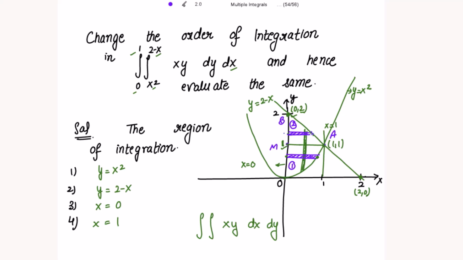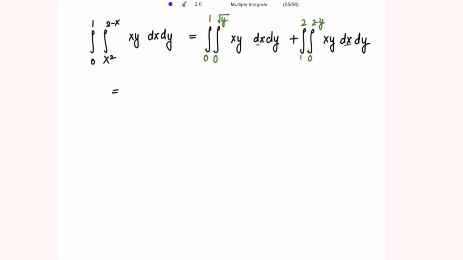And the limits for y, the region is BMA. So y starts from 1, just see the axis of y. Y starts from 1 and reaches 2, right? Here ends the region. So the limits of y are from 1 to 2. Is it okay? For the first region, the limits of y are from 0 to 1. For the second region, the limits of y are from 1 to 2. Is it okay now? Okay, thank you.